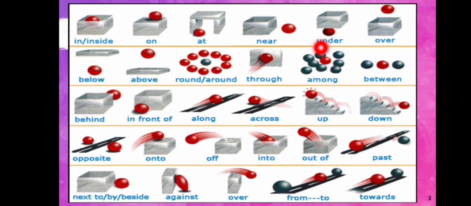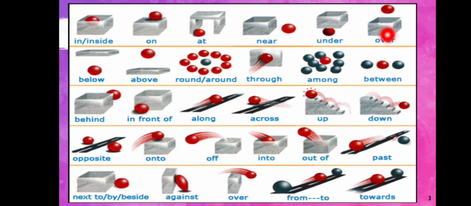And in the fifth picture, you can see the ball is under the box. It is kept under the box. Here in the next picture, you can see the ball is kept over the box. Dear children, here you can see a similarity between over and above, but there is some difference.